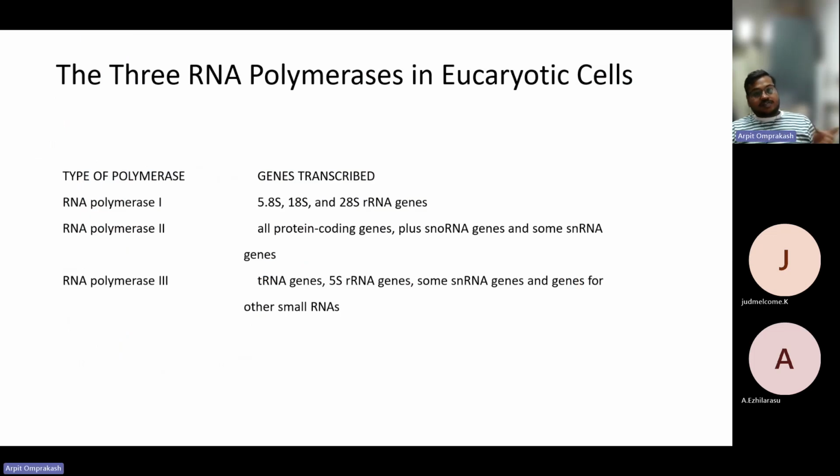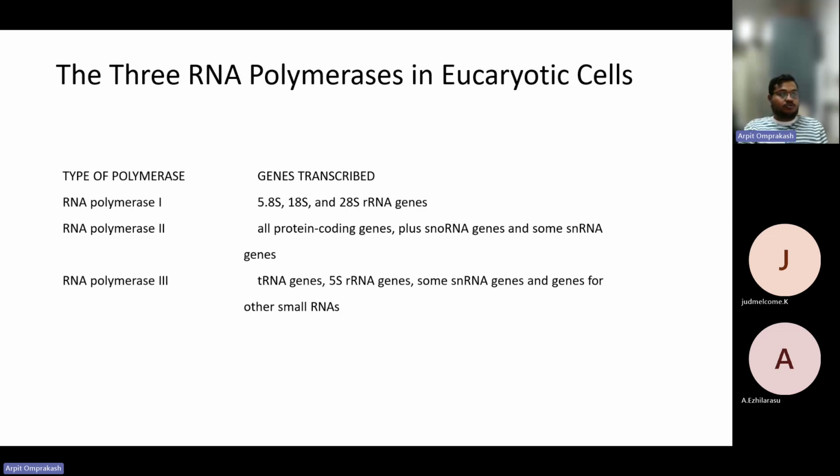Prokaryotic cells have one RNA polymerase. Eukaryotic cells have three kinds of RNA polymerase. RNA polymerase 1 is used in transcribing the rRNA genes. rRNA is ribosomal RNA that is present in the ribosome.